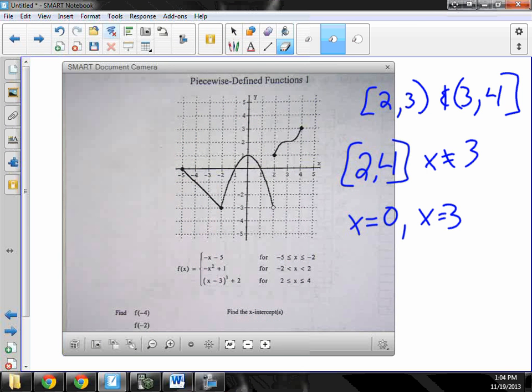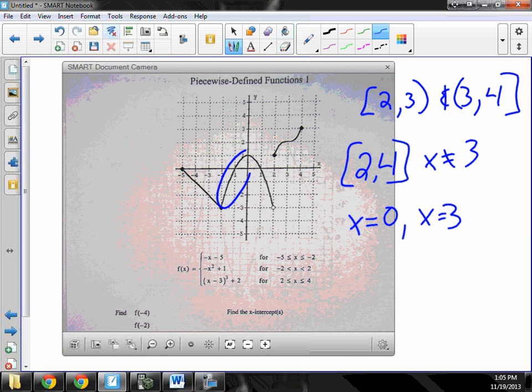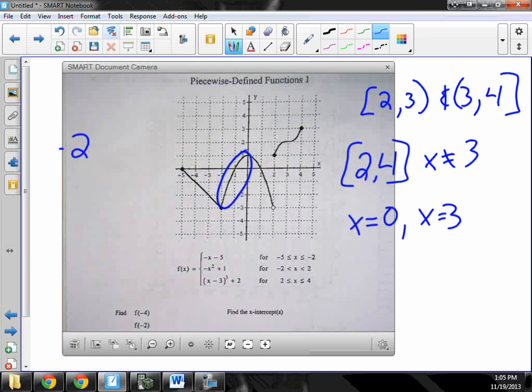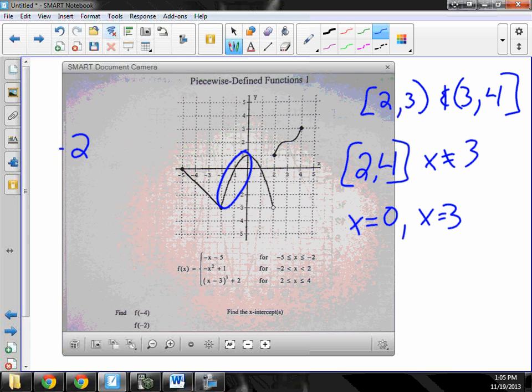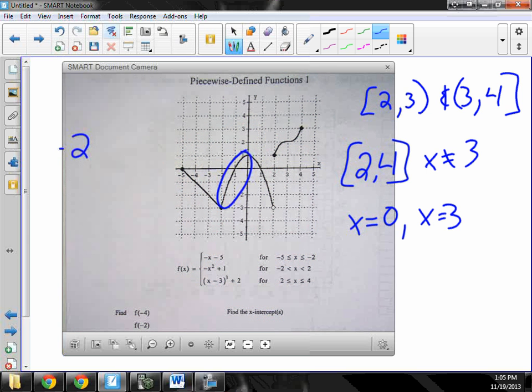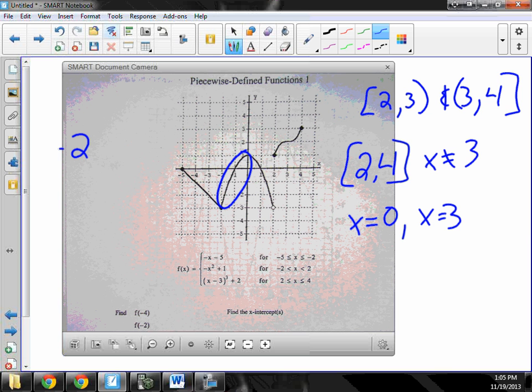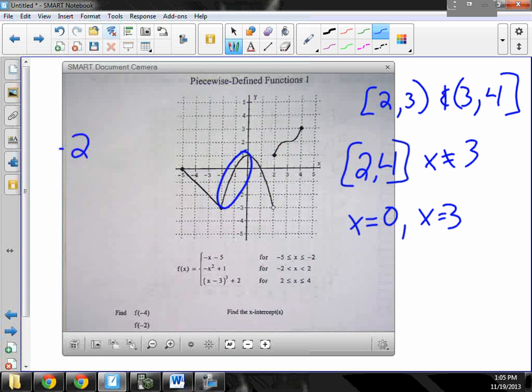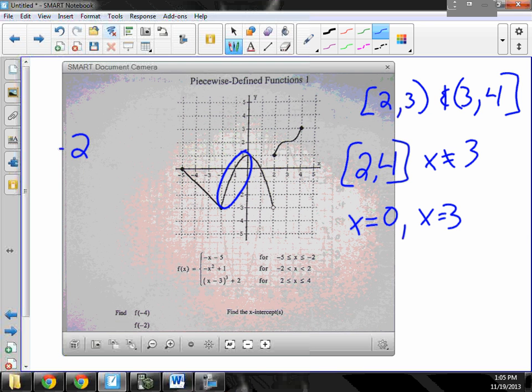If we looked at this increasing interval here, at -2, is it going up or is it going down? Both, right? The linear portion is going down and the exponential portion is going up, so which is it? You need to include it in the correct function.